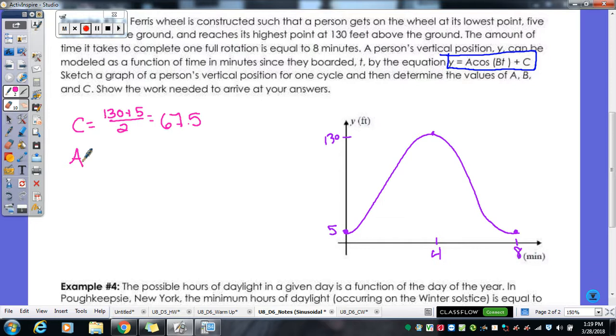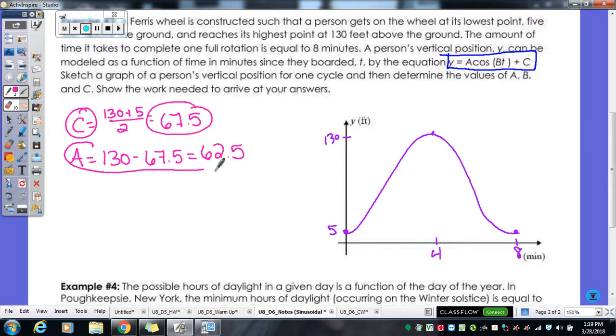That's our C value. A, do your high minus what we just got for our C value. 62.5. So there we go. We got 2 of them. C is 67.5. A is 62.5. We got 1 left, which is our B.